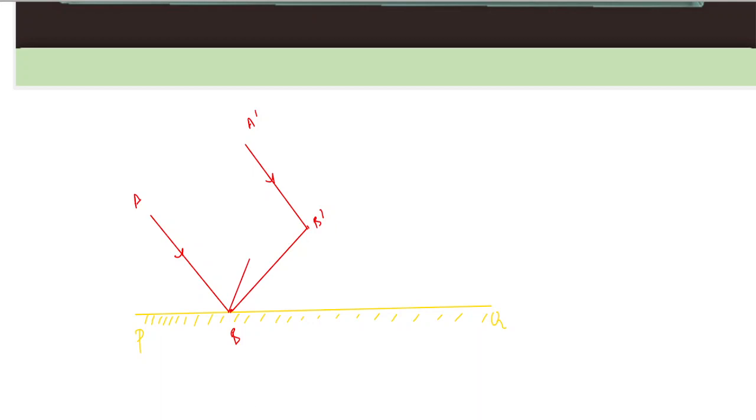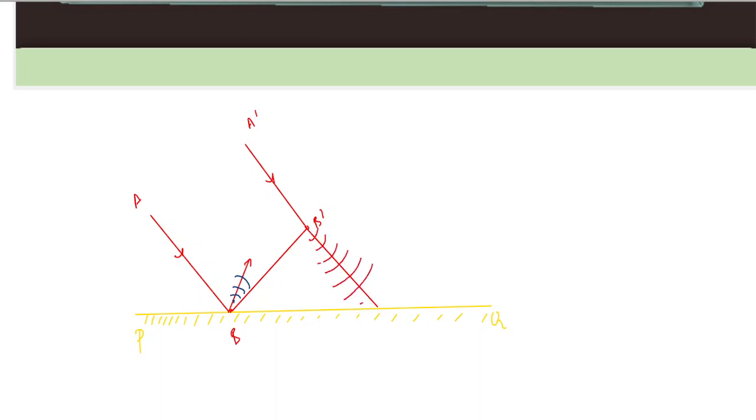It goes like this, which means every point on this acts like a source, producing secondary wavelets. Even here, it's still traveling. This also travels from here to the surface, and even this would produce secondary wavelets.